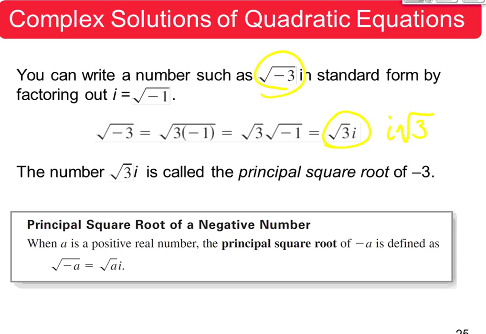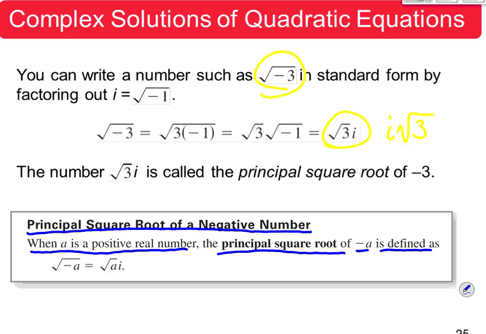The thing we want to be aware of is the principal square root of a negative number. When a is a positive real number, the principal square root of -a is defined as the square root of -a equals i times the square root of a. Of course, again, I'm going to write that as i, the square root of a, so that I don't have a problem with the i accidentally slipping under the radical.